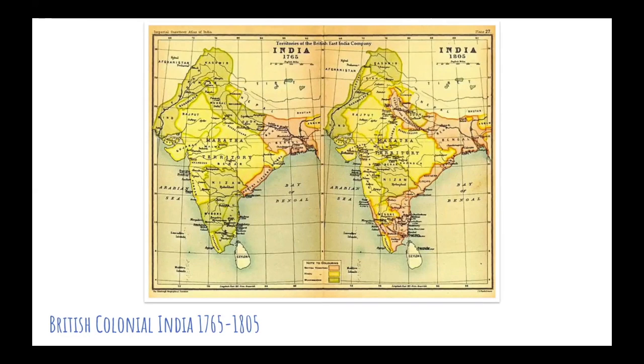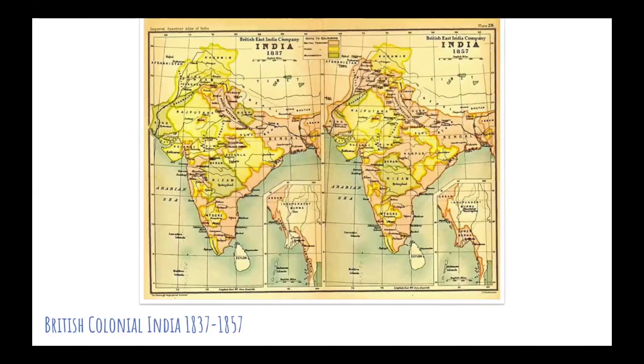So beginning in 1765, we can see in these maps, the pink area is where Britain has control. Britain is primarily having its control in India in the eastern part. By 1805, we can see that it has now spread to the southern part of India and a little bit to the northern central part. Then in 1837, we can see the pink has grown to the western side of India.